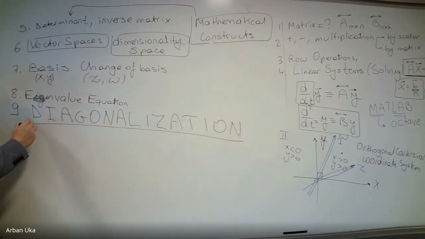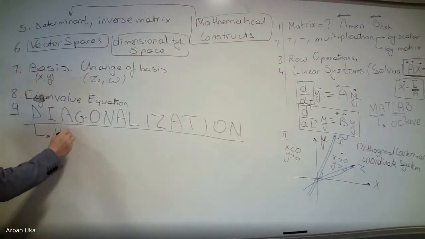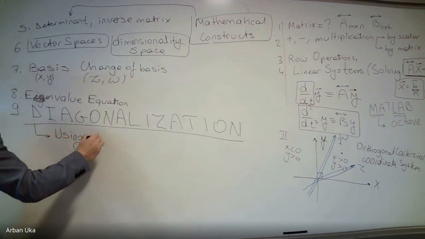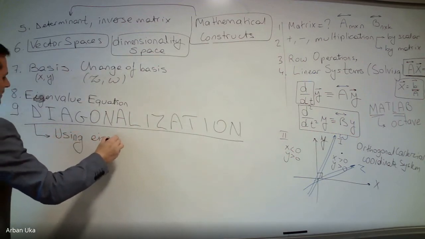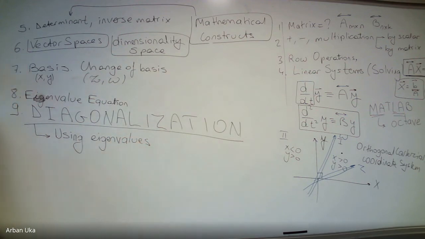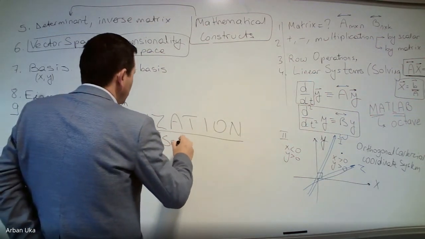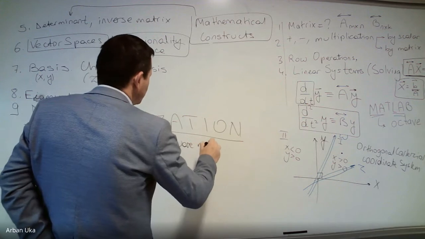Now, this diagonalization can be done using eigenvalues, and these eigenvalues can be used only on square matrices.